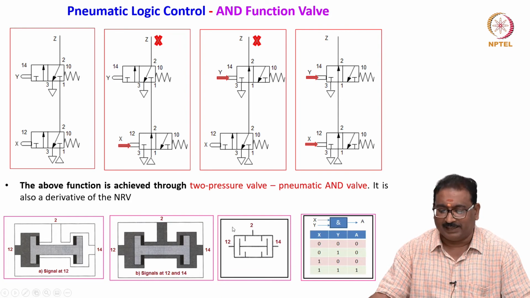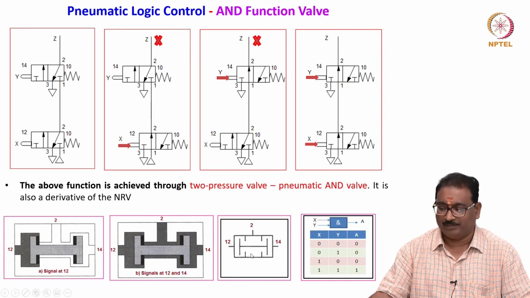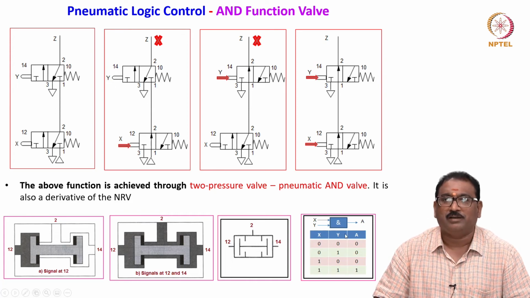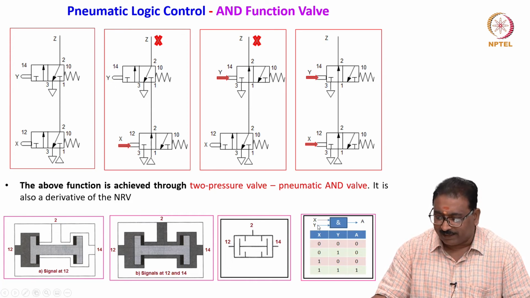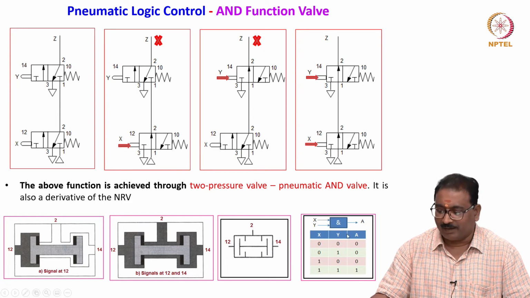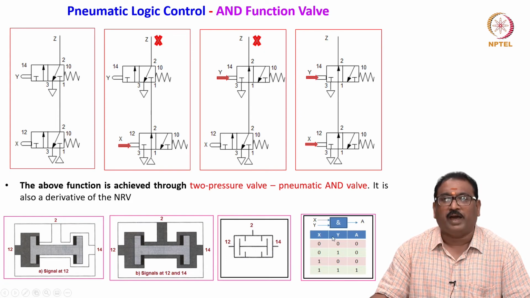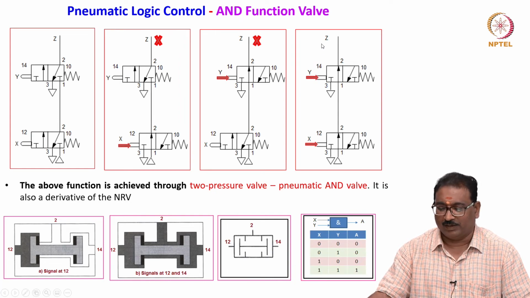Symbolically, it is represented like this. It is an AND function valve. Here I am showing you the truth table, X and Y, and output. Only when both signals are present will A receive the flow. Otherwise, no opening of the valve for Z or A, whatever it is.